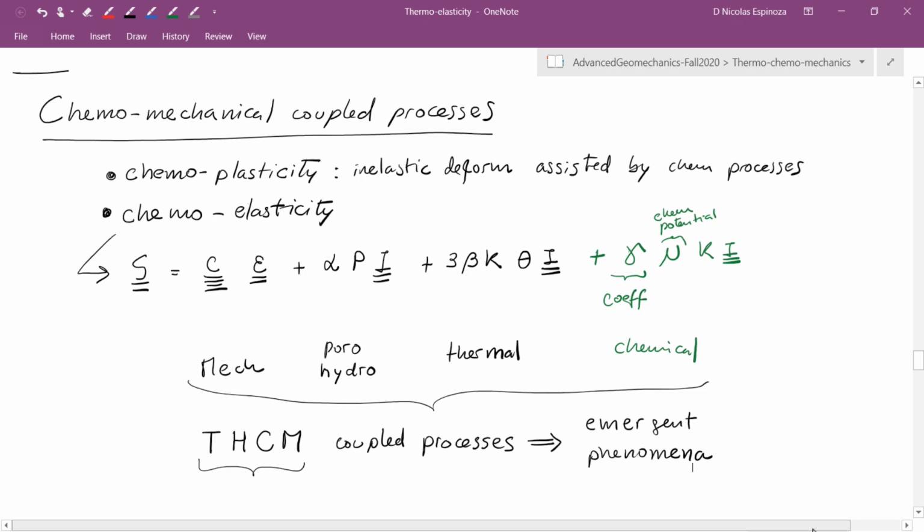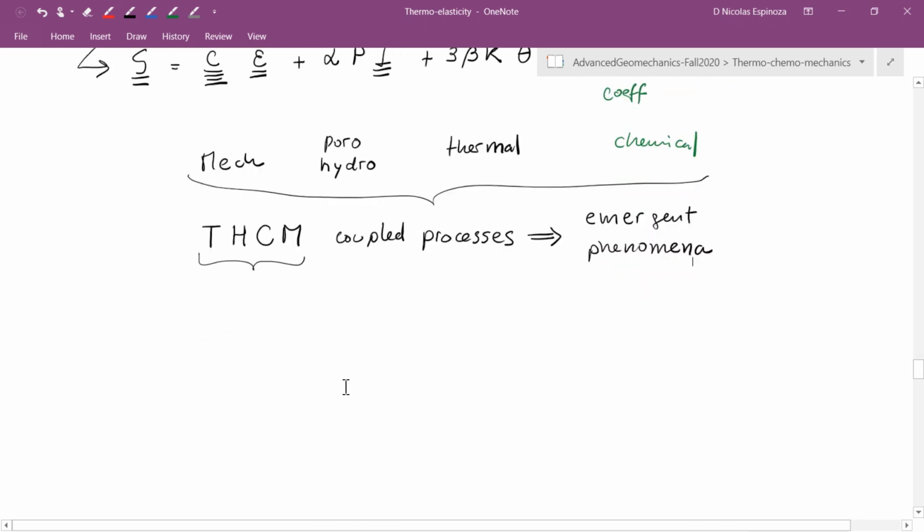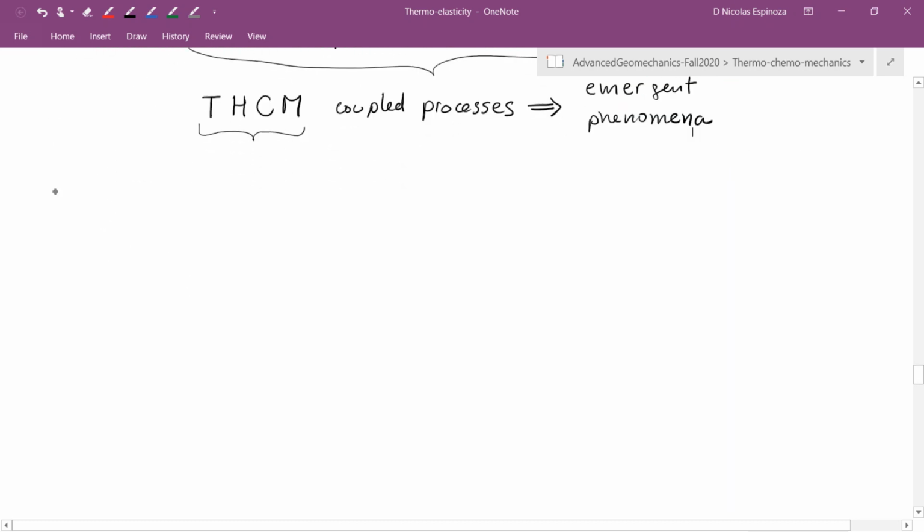The first example is related to the swelling of clays with the change of the chemistry in the pore fluid. And usually this is referred to as the chemical sensitivity of clay rocks.